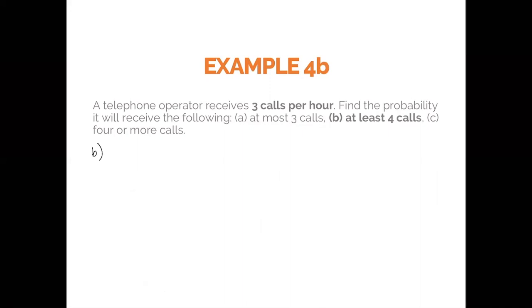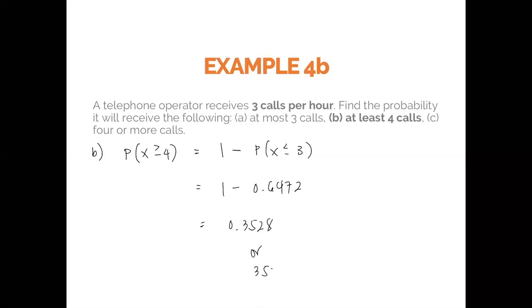So, para malaman natin yung probability niya na at least 4 and above yung calls na matatanggap natin, what we do is yung probability natin will be equal sa unity, na ibig sabihin yung 100% ng lahat ng probability, minus natin yung probability na nakuha natin sa x less than or equal to 3. Okay? So 1 minus 0.6472. So that will be 0.3528 or 35.28%. Okay?